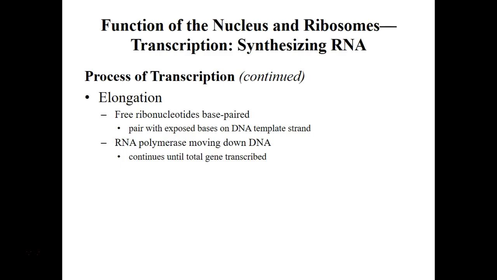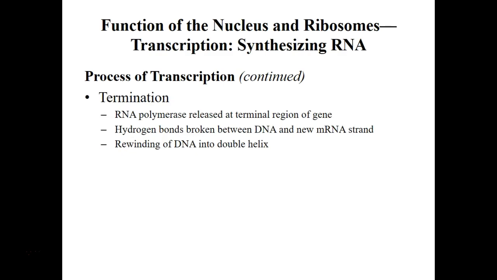Elongation occurs once RNA polymerase binds, then it runs along the DNA until it hits the terminator sequence. This allows the entire gene to be transcribed. Then we hit the terminator sequence, the RNA polymerase leaves, and the DNA will start winding back up.